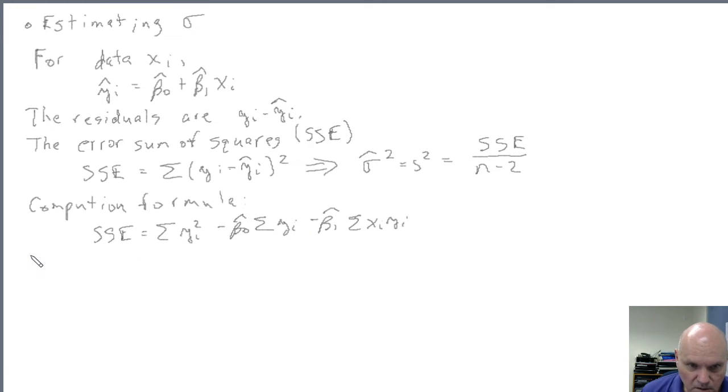Finally, the last thing I want to cover here is the coefficient of determination, and that's related to the total sum of squares, or SST.